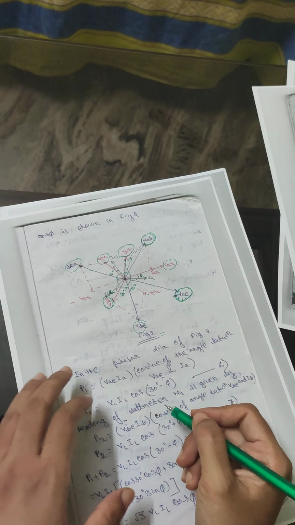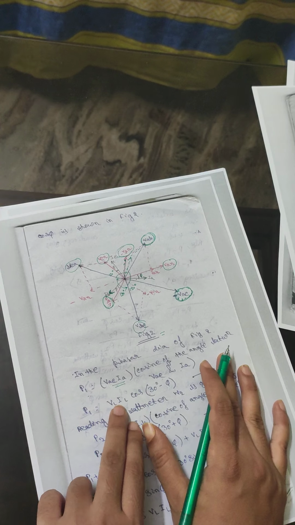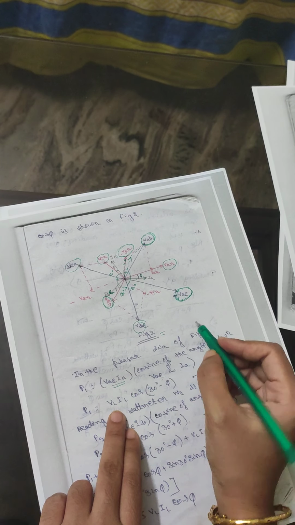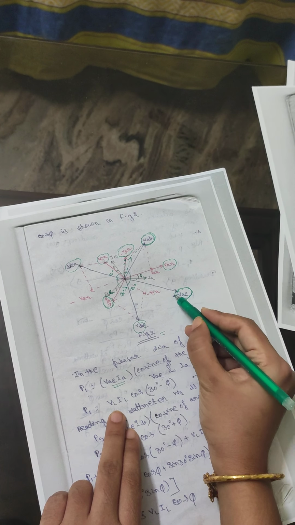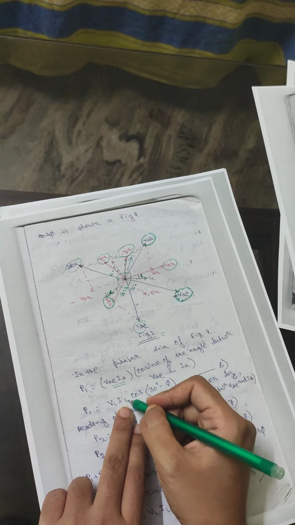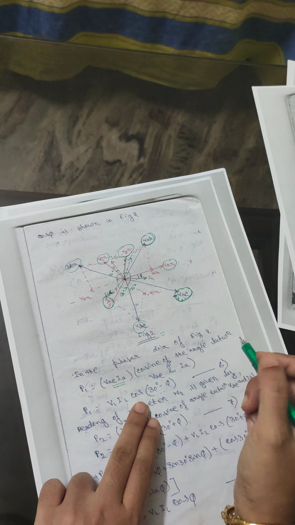Okay. Now from there, power equals VAC into IA. VAC means this one is the line voltage, VL, IA line current, cos of 30 degrees minus phi.